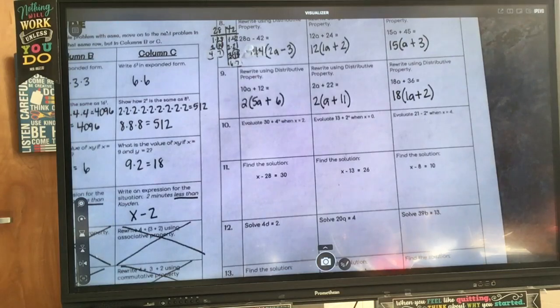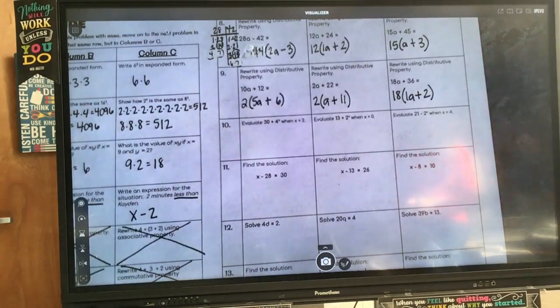Alright, stand up when you have your answer for 10A and 10B. Alright, have a seat.